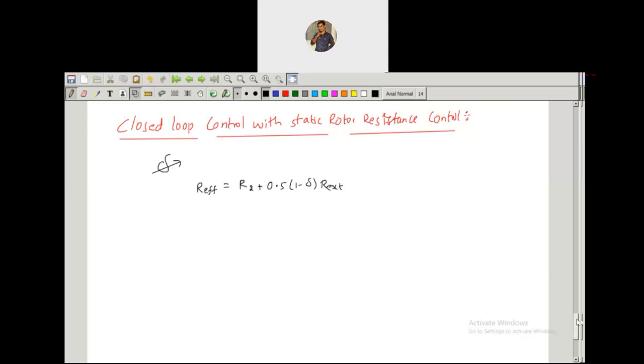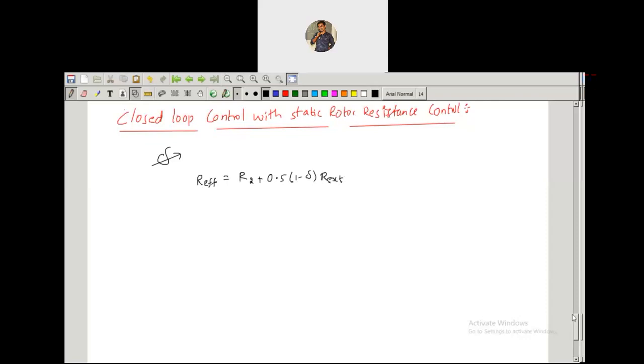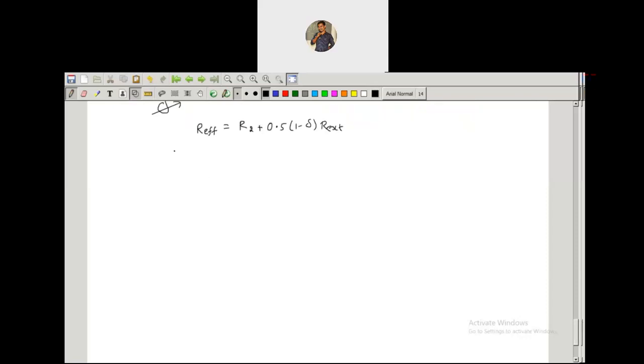Now let me draw this closed loop control with static rotor resistance control diagram. We have the rotor and stator parts of the induction motor. This is the rotor circuit and this is the stator, which is fed from the three-phase AC supply, and we are using one uncontrolled rectifier here.